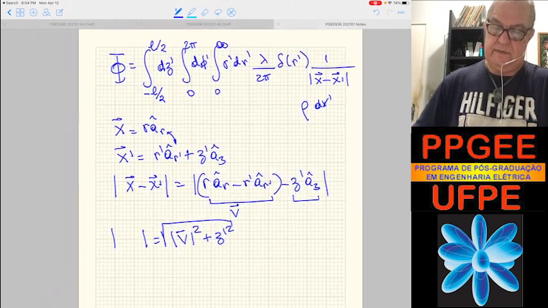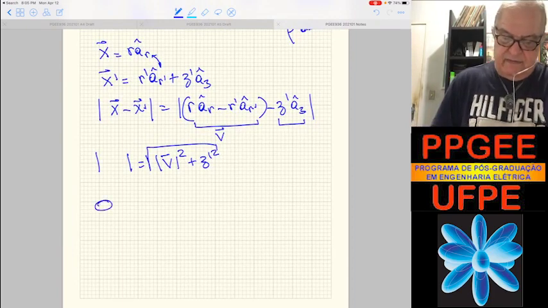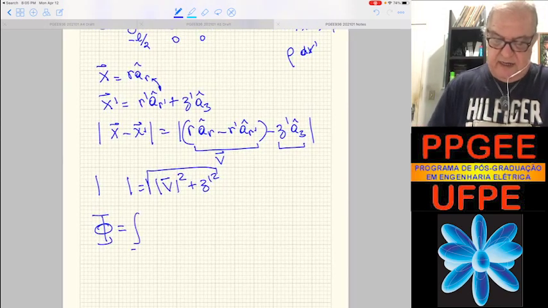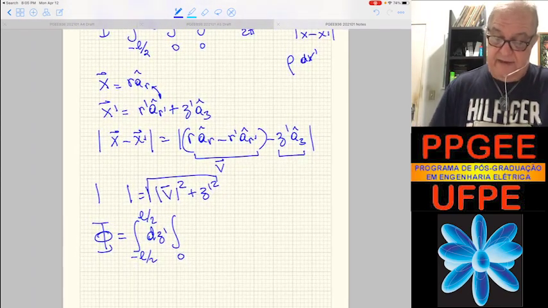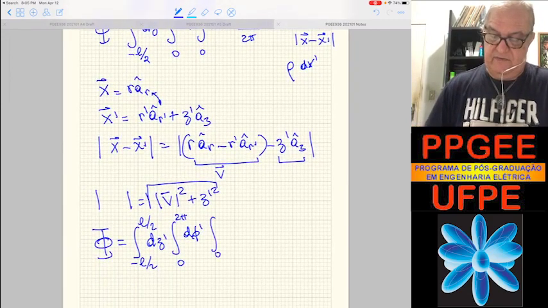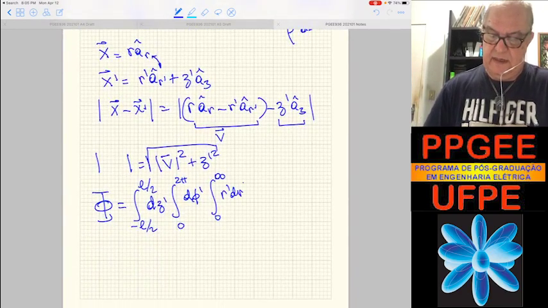So when you do the integral, we are going to have the integral from minus L over 2 to L over 2 dz prime, the integral in phi from 0 to 2 pi d phi prime, then the integral from 0 to infinity of r prime dr prime.